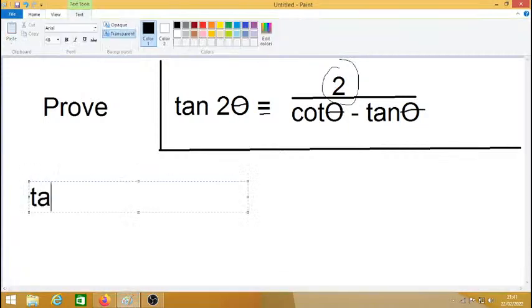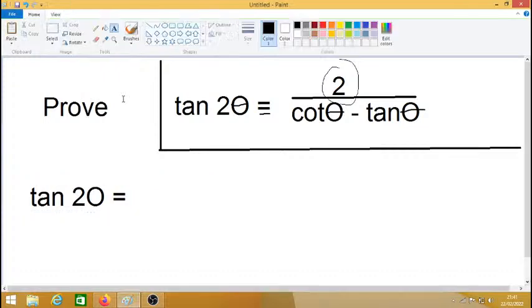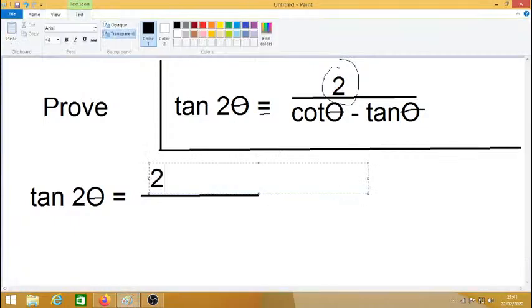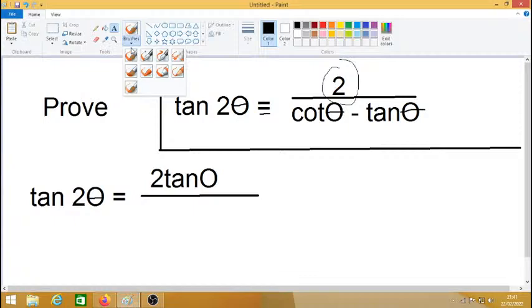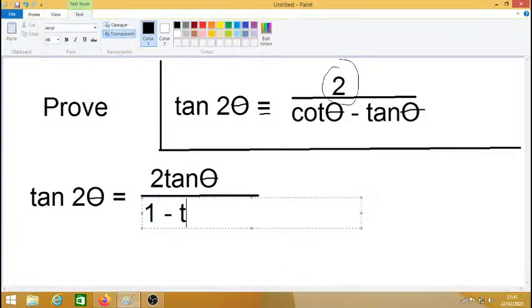So we know that tan 2 theta is equal to a fraction, and on the top of the fraction, the standard thing that you'll have learned by the time of your exam, is that tan 2 theta is identical to 2 tan theta divided by 1 minus tan squared theta.